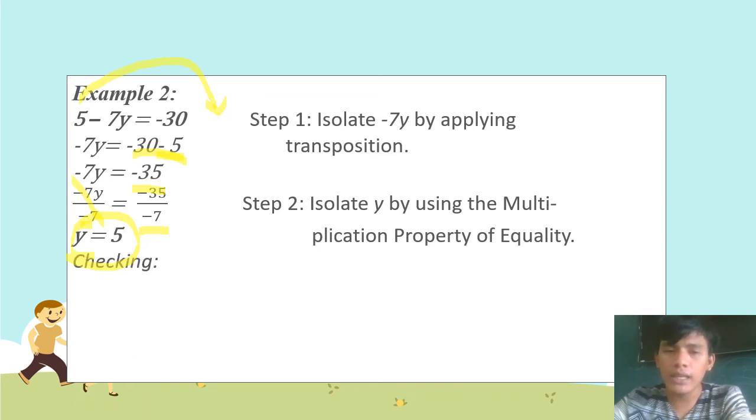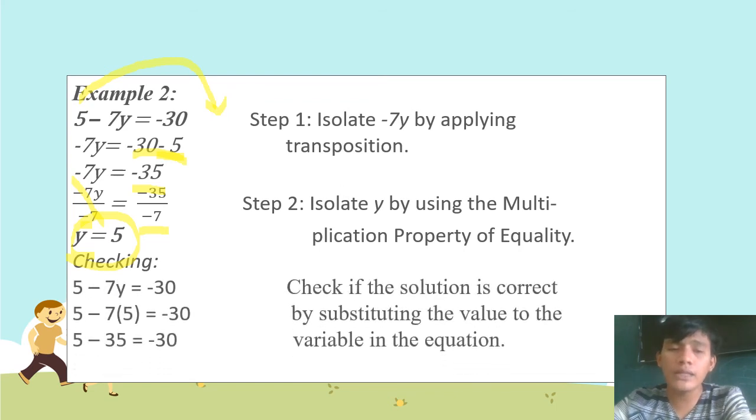Let's do the checking. If y is equal to 5, 5 minus 7y is equal to negative 30. We substitute the value of y, which is 5. That's why 5 minus 7 times 5 is equal to negative 30. 7 times 5 is 35.